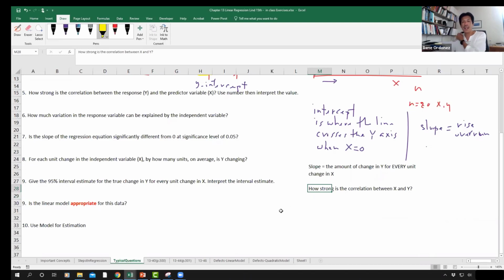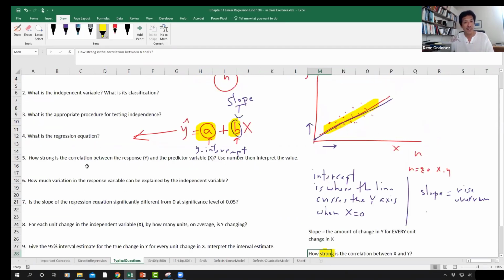In simple linear regression, we will be able to put a number to this word strong. There is a number that measures the strength of correlation between X and Y. What is that number?